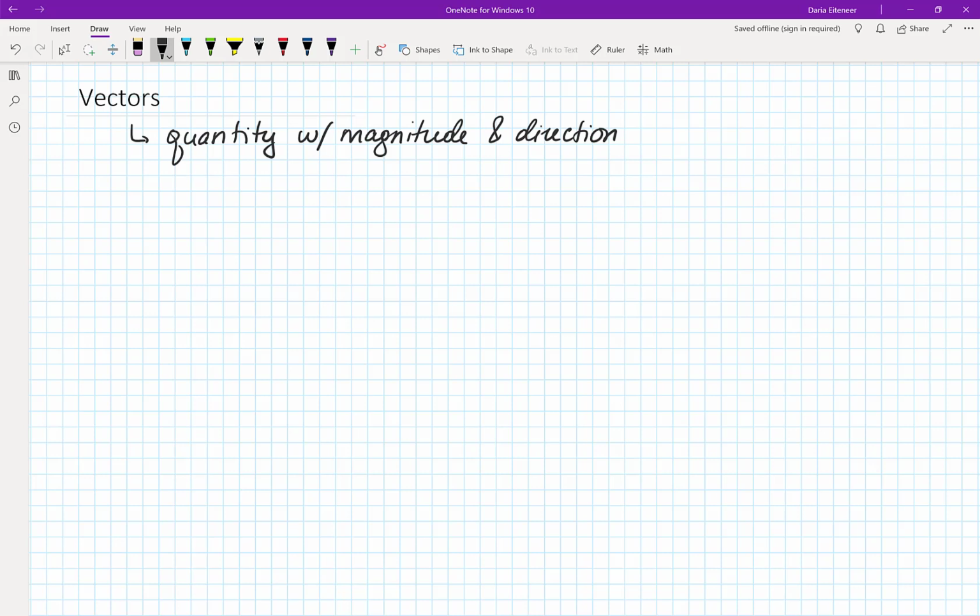So first of all, a vector is denoted by an arrow. We already discussed that briefly. What we didn't say is that the length of this arrow represents the magnitude of a vector, and direction obviously is denoted by direction of the arrow.